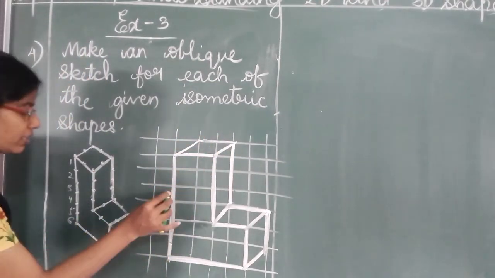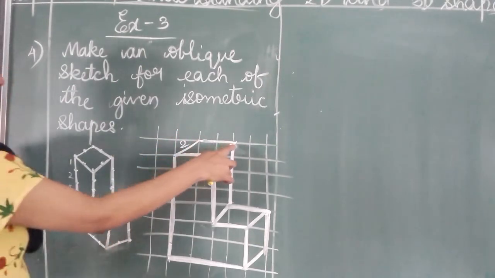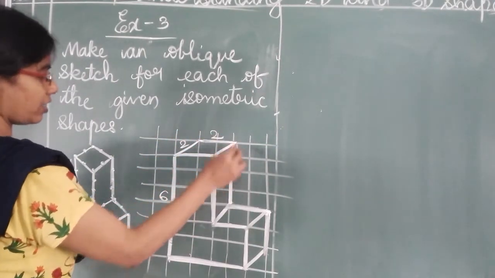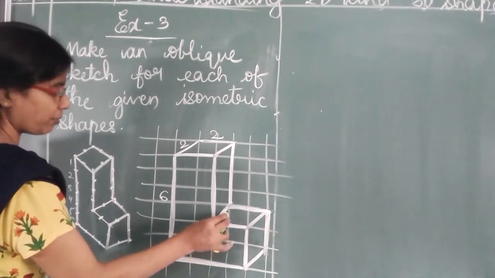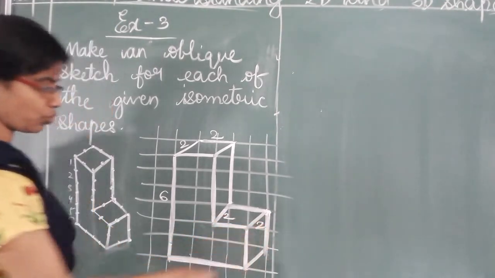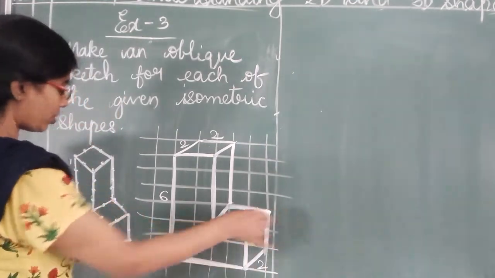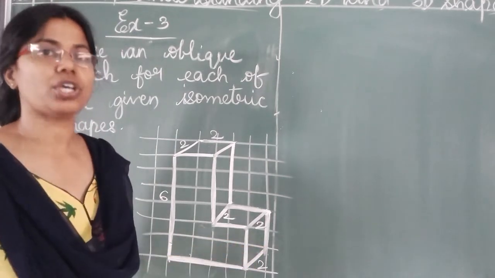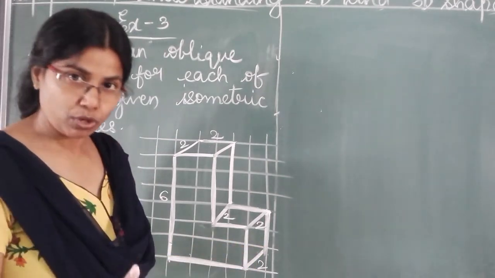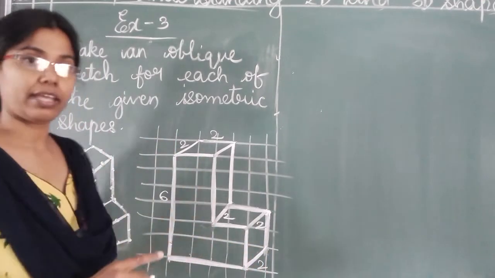Okay, so here the measure is 6, here the measure is 2, here the measure is 2, and here this part the measure is 4, but here the measure is 2, here the measure is 2, and towards the end the measure is 2. Okay, actually 2 dots we are using, but when we are drawing the oblique sketch we are going to join only one square, diagonal line for one square and draw like this.